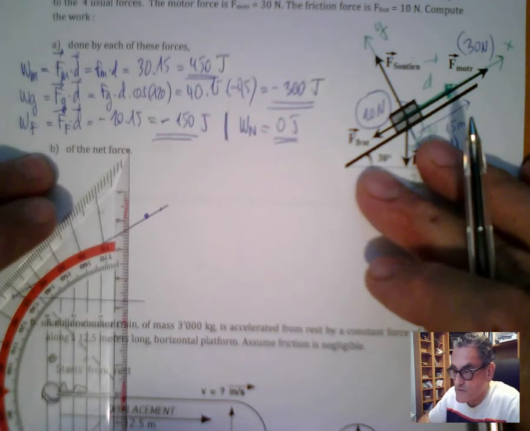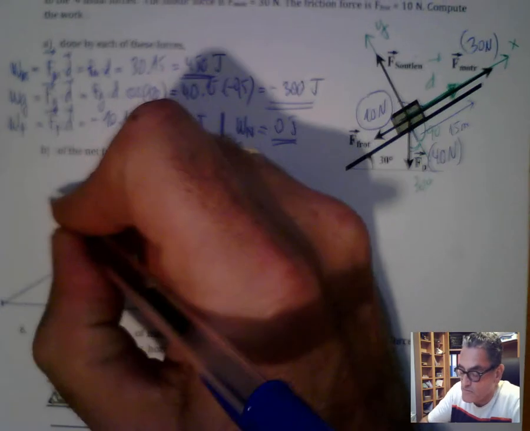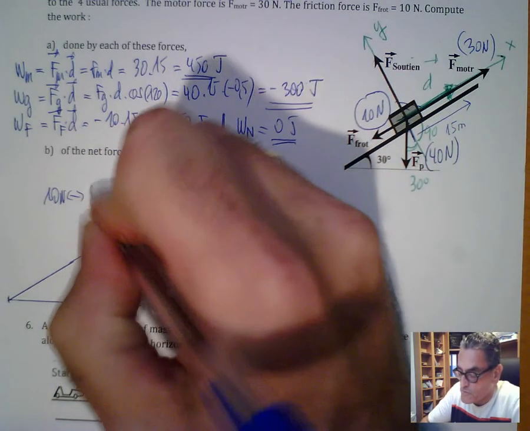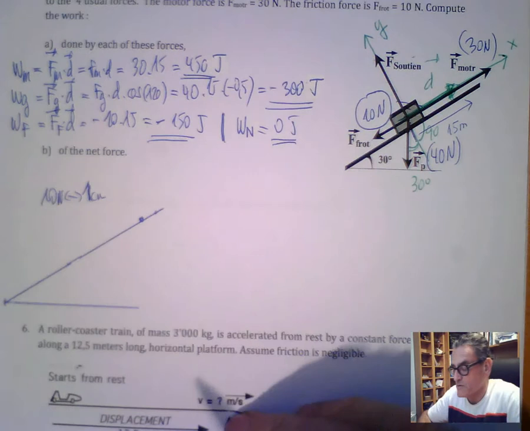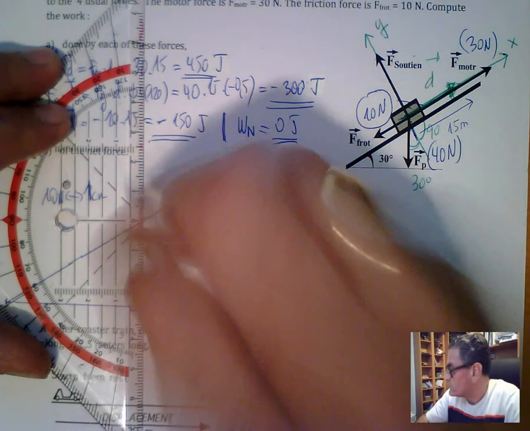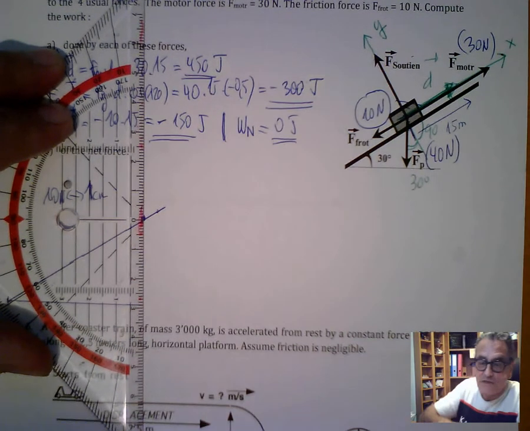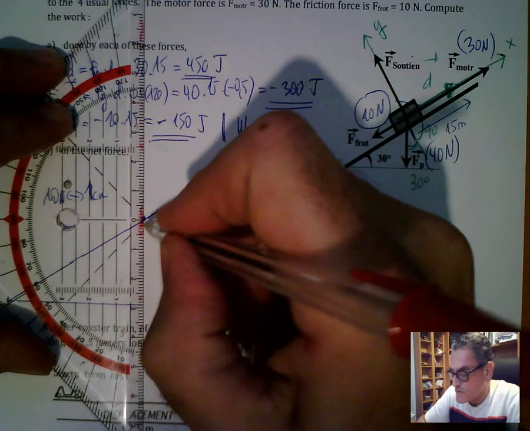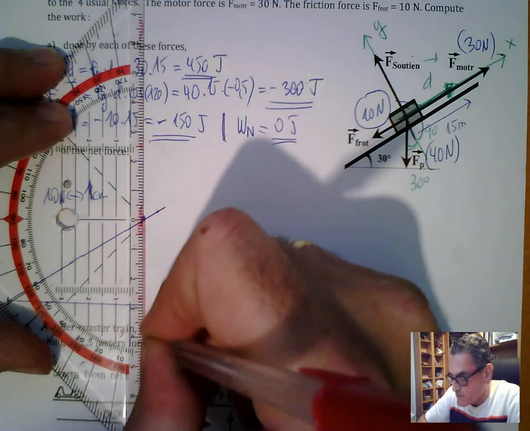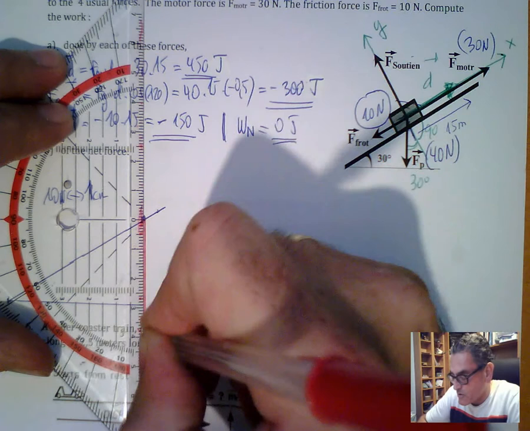Okay, so now let's represent our forces, but obeying a scale. Of course we can take a scale of 10 newtons corresponding to 1 centimeter. So the gravitational force, let me use a nice red here, is now 40 newtons, so it's going to be a 4 centimeters long vector.